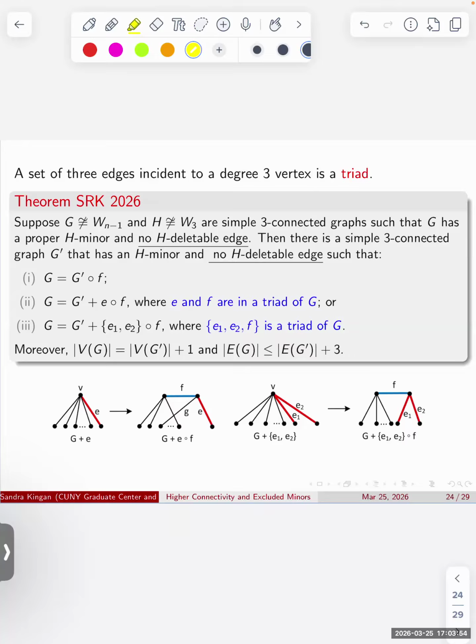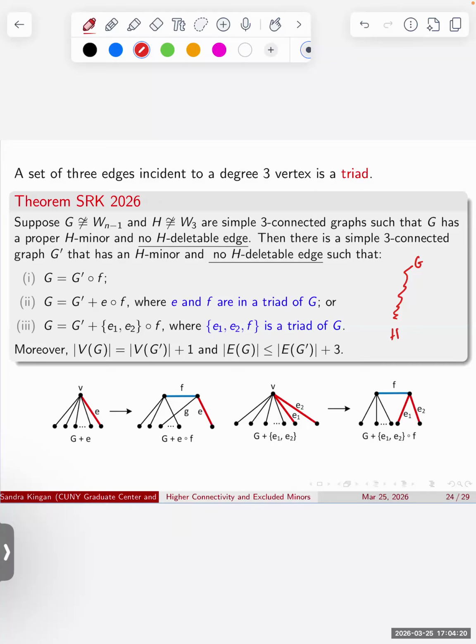So the splitter theorem tells us that we can grow the graph from H to G. We can add edges, split vertices, and get all the way to G. But it doesn't tell us what's the most optimal ordering for doing it.